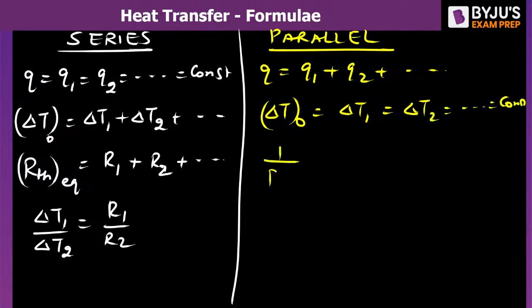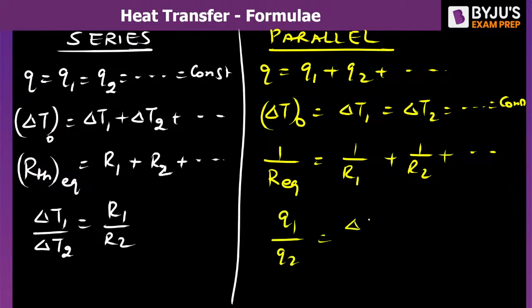So 1 upon equivalent thermal resistance will be equal to 1 by R1 plus 1 by R2 plus 1 by R3 and so on. So from here Q1 by Q2 is equal to R2 by R1. R is the thermal resistance here.